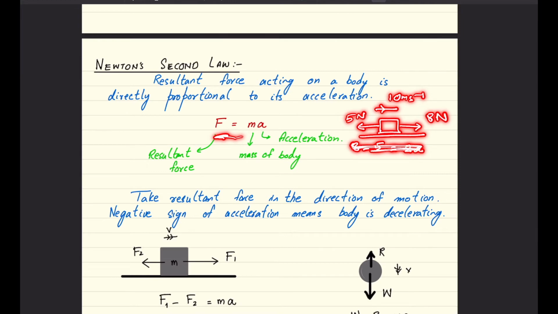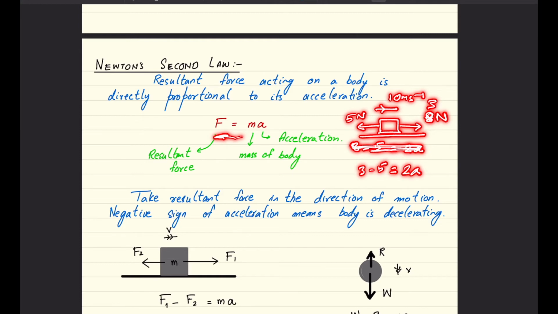Whereas if the forward force is 3 Newton, then the resultant force would be 3 minus 5. This is a negative resultant force because it acts opposite to the direction of motion, equals mass times acceleration. You put 2 times a and you get the acceleration as negative 1 meters per second squared. Negative 1 means it's decelerating.